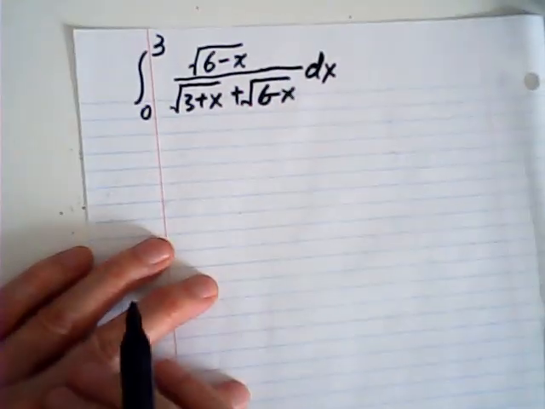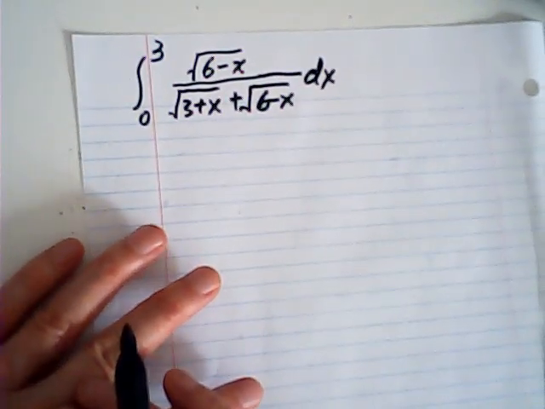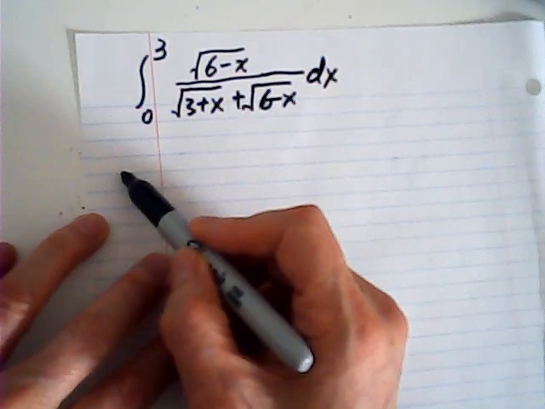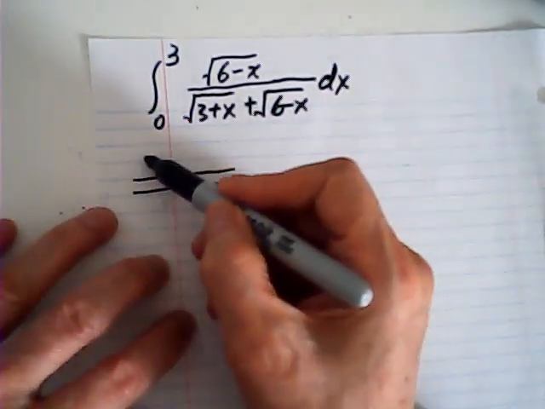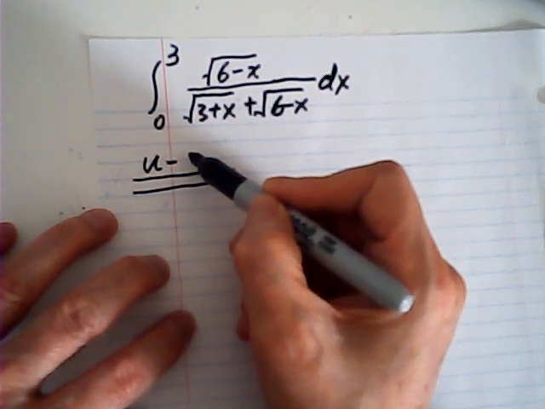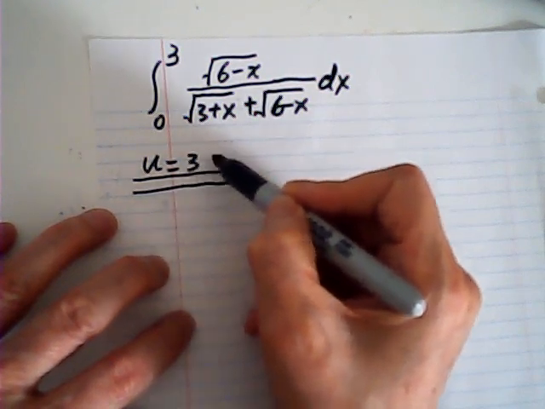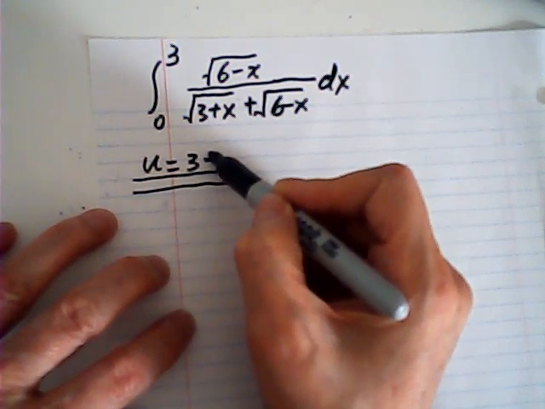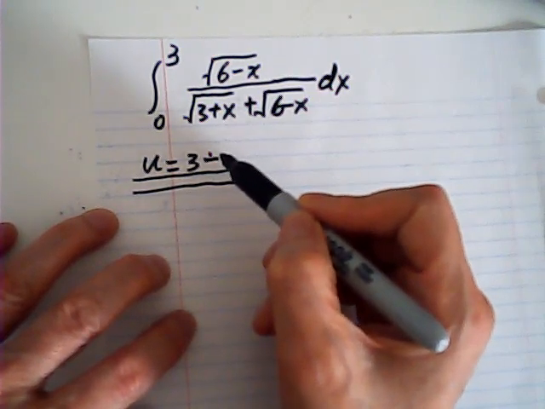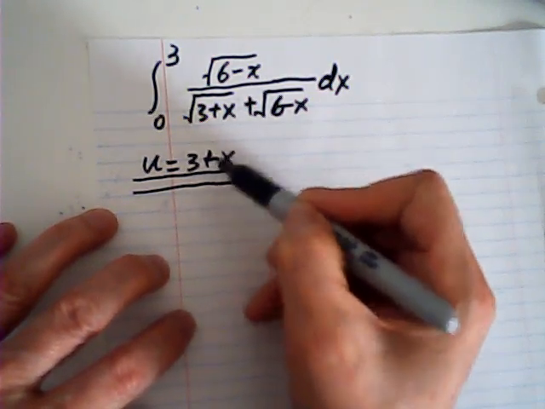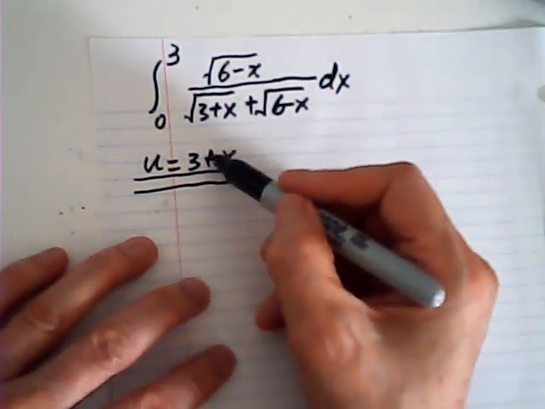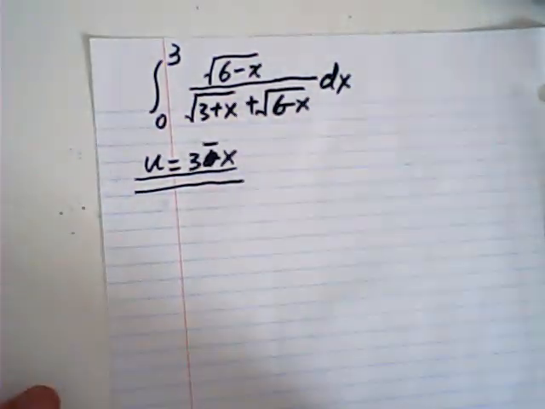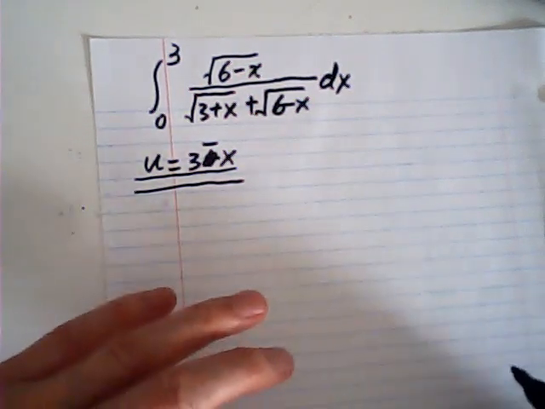This method is much easier, you know. I introduce the new variable u, u is equal to 3 minus x.